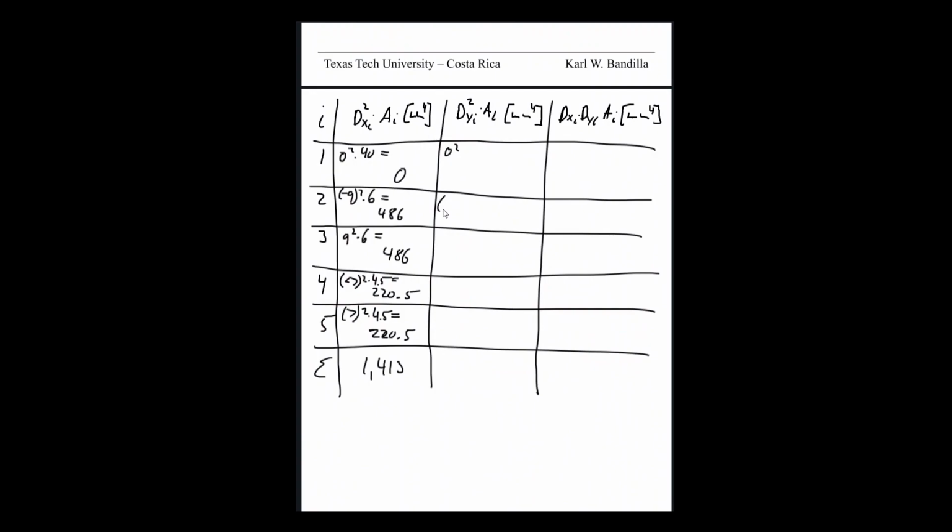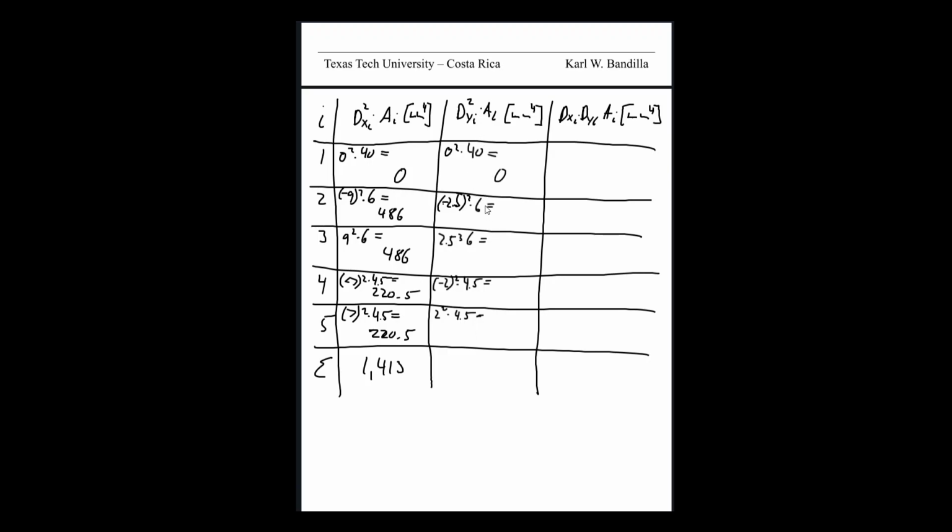All right, dy: 0, minus 2.5, 2.5, minus 2 and 2. 0 squared, minus 2.5 squared, 2.5 squared, minus 2 squared and 2 squared, times 40, 6, 6, 4.5, 4.5.